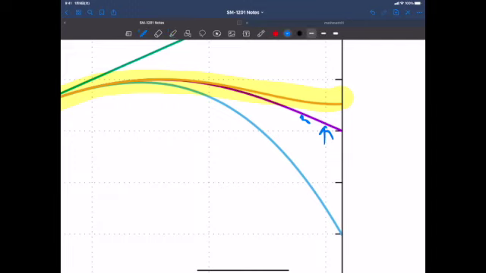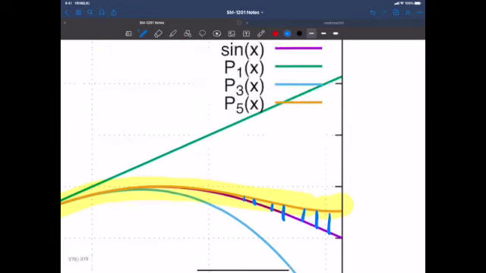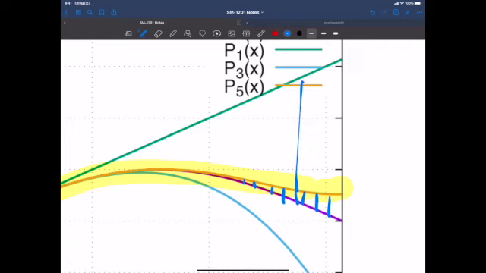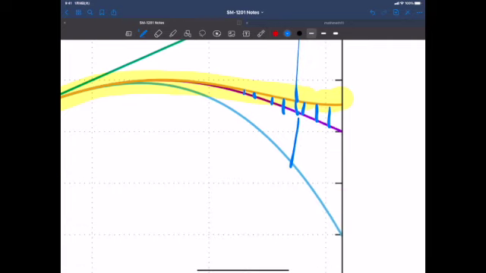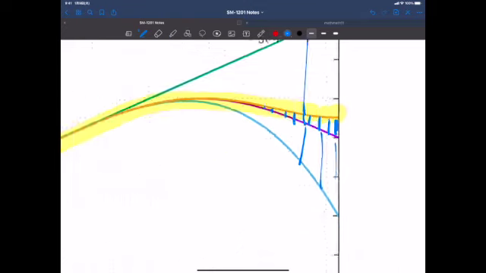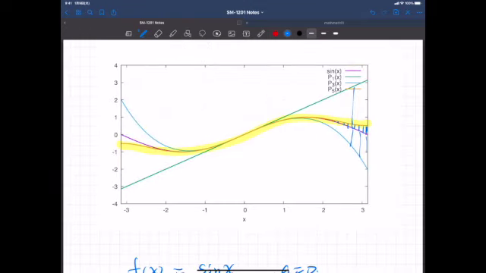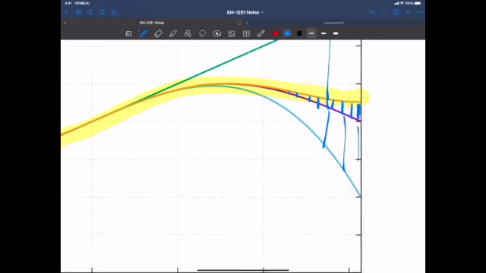The difference between the real value and the approximate value is a lot smaller at larger and larger values of x, compared to the straight line or the cubic curve. The difference is very small. So if we increase the order of polynomial, like p7, p9, and so on, the approximation becomes better and better.